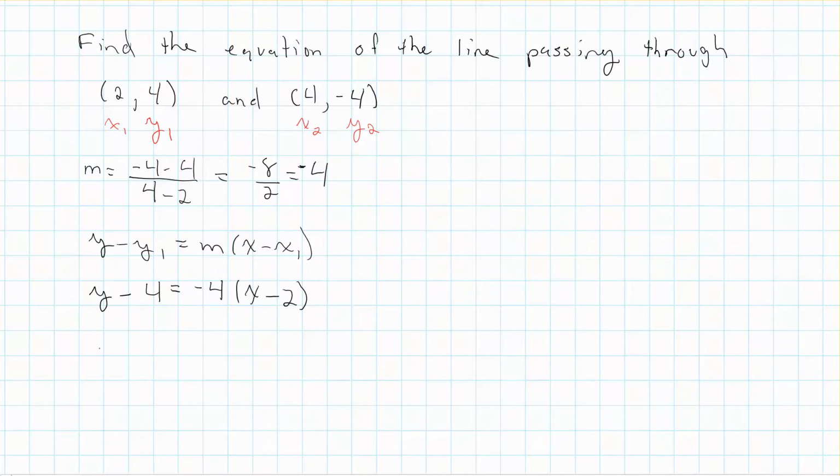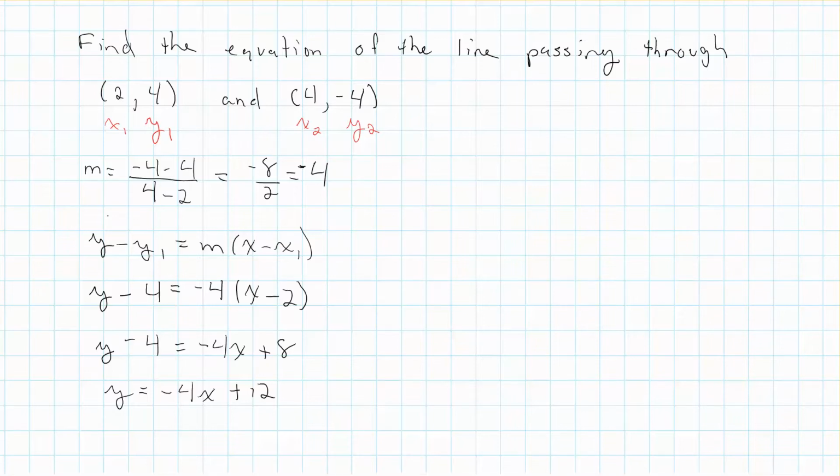I want to take this in 2 steps. y minus 4 is equal to -4x plus 8, and then I'd add 4 to both sides and we get -4x plus 12.